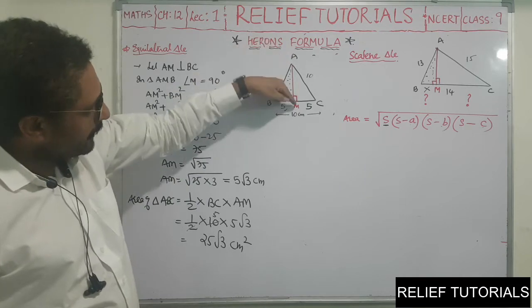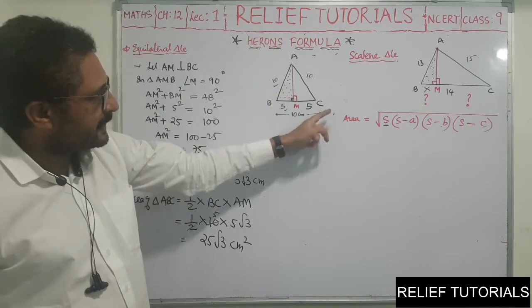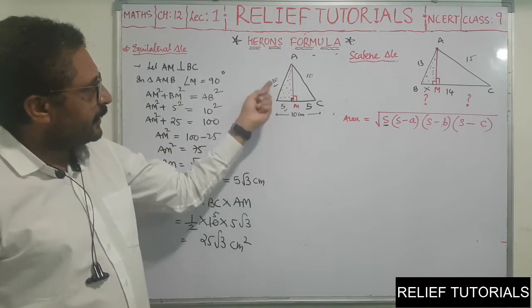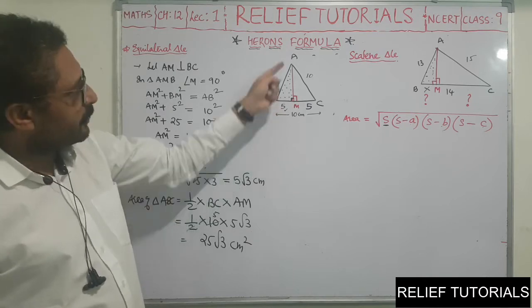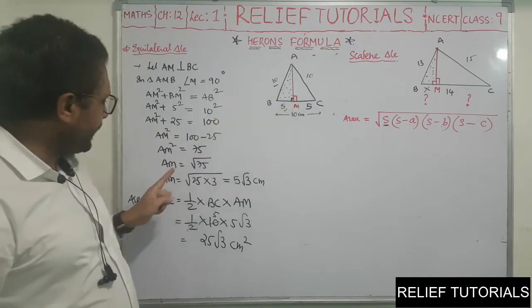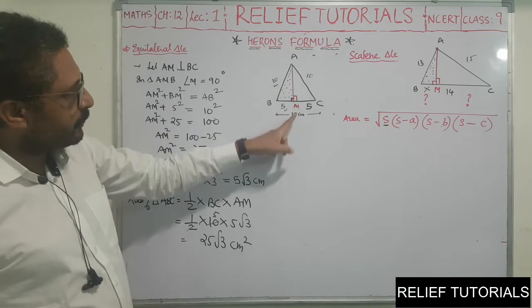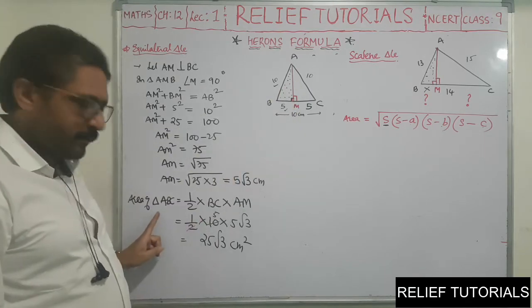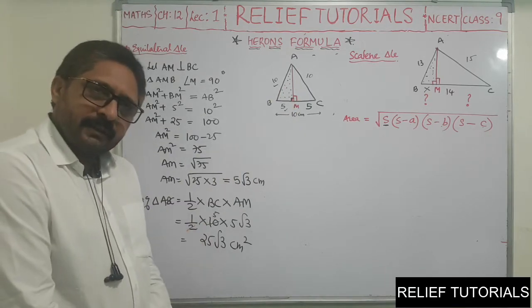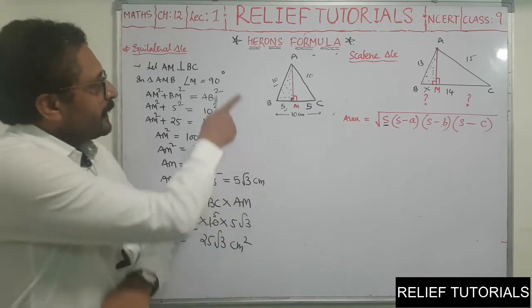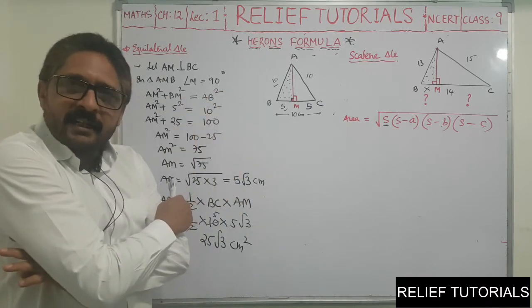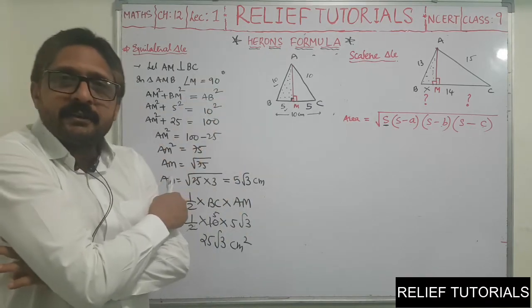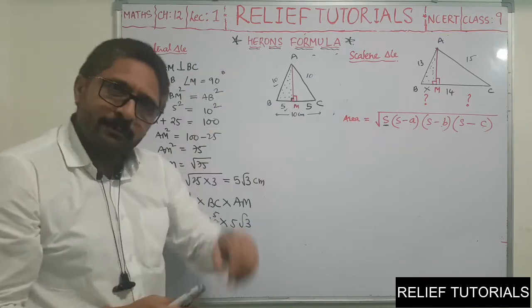How? You will draw a perpendicular, it will bisect this opposite side BC, which is 10, so you will get 5. You have two sides, you will use Pythagoras and find this altitude AM, and once you get altitude, you have base. By using this formula, you can find area. Now we'll try to solve area of this equilateral triangle without finding altitude, that is by using Heron's formula.